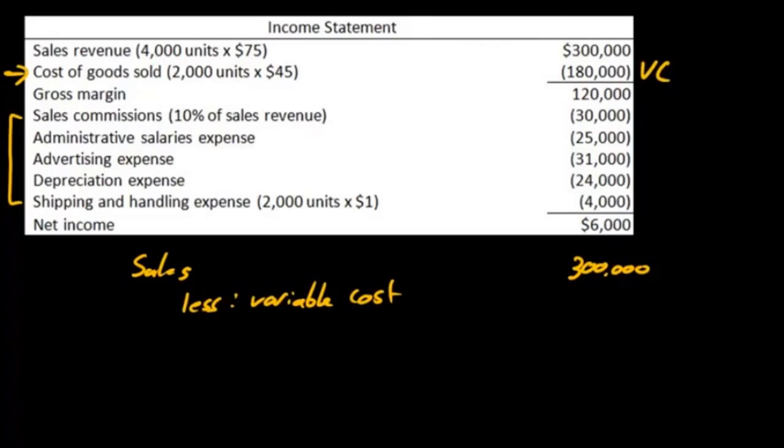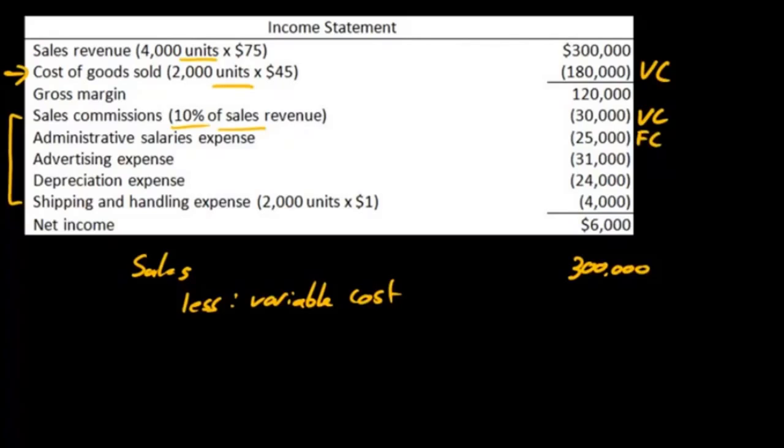Cost of goods sold, this is going to be a variable cost because it changes with volume, it changes with the number of units sold. Sales commissions, they are 10% of sales, and sales are based on volume because sales are based on units also. So sales commissions are going to increase as sales or volume increases. So this is again also a variable cost.